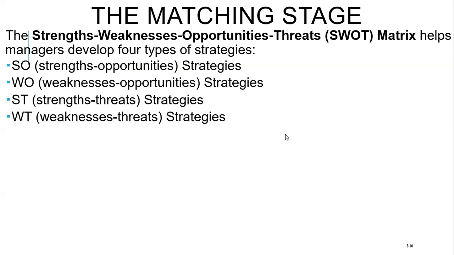So the opportunity in this scenario would be the stimulus package by the government to provide free training and development programs for industries that are having scarce human resources in some important areas that may be required for the economy to boom. And if an organization is having individuals that do not have such skill sets, then they can use a weakness, opportunity strategy to capitalize on such an opportunity.